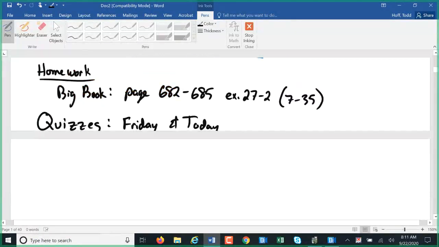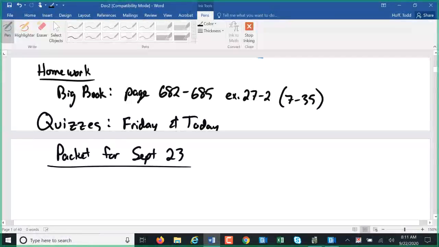Now, if you're looking on Blackboard in the course information section, there's a packet that is posted for September 23rd. That packet contains homework that we are going to use over the next couple of weeks. I would recommend, if you can do it, to just leave the packet on your computer screen and do the homework in a notebook separate to it, just because it'll save on paper.